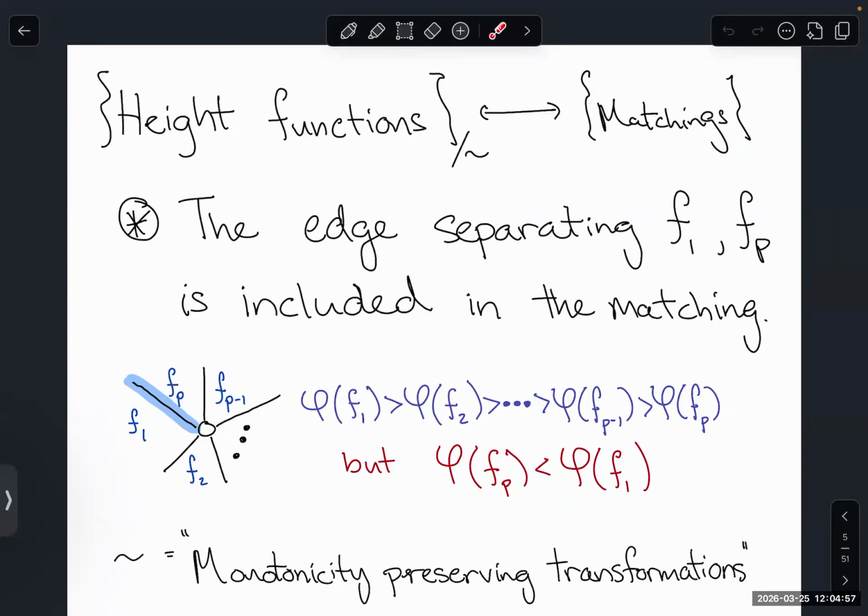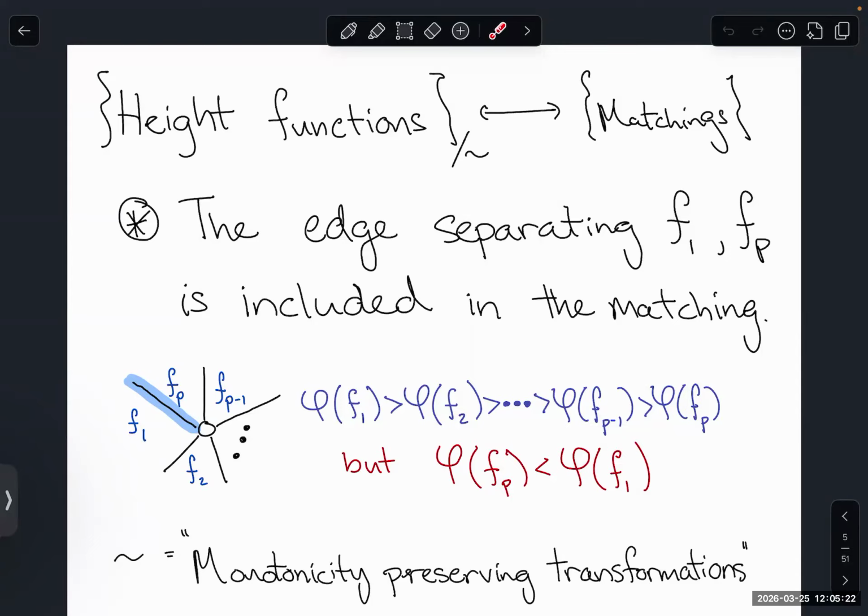It's pretty natural to associate these with matchings. So in particular, when we consider this picture that we had in the definition of a height function, we get a matched edge for each time we have this break in monotonicity, in this decreasing of height functions.